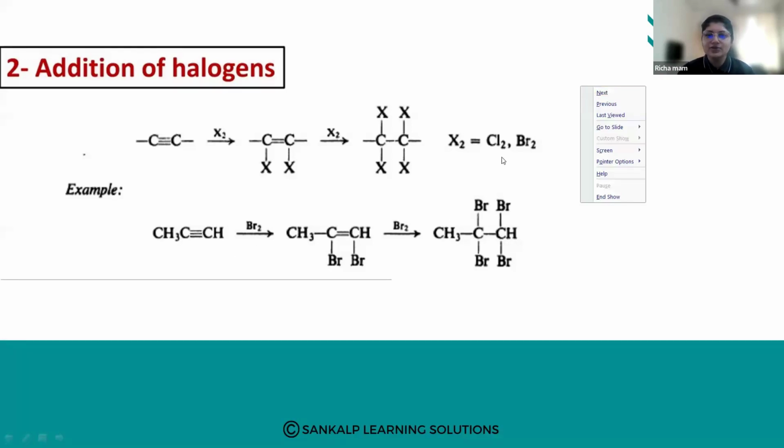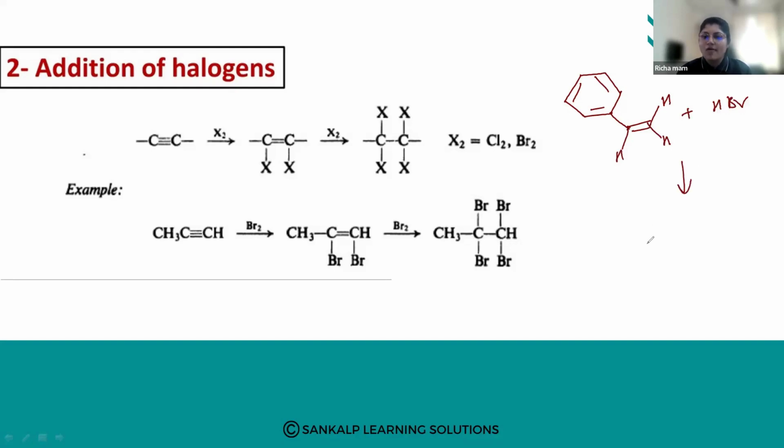Now, suppose I give you some more examples. I'll give you one example, then we'll go to the next one. Okay, what will be the product? So this is a double bond, so the rest of the molecule will remain the same. Only the changes will be at the double bond.